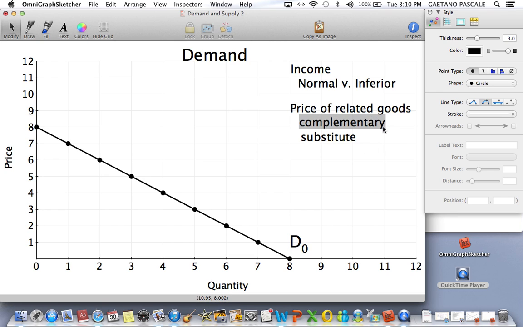A complementary good is something that is used in unison with a particular item. I can give you a couple of different examples. For example, some people argue that peanut butter and jelly are considered complementary goods. When people buy peanut butter, they have a tendency to buy jelly. Not for everybody, but in the economy as a whole.